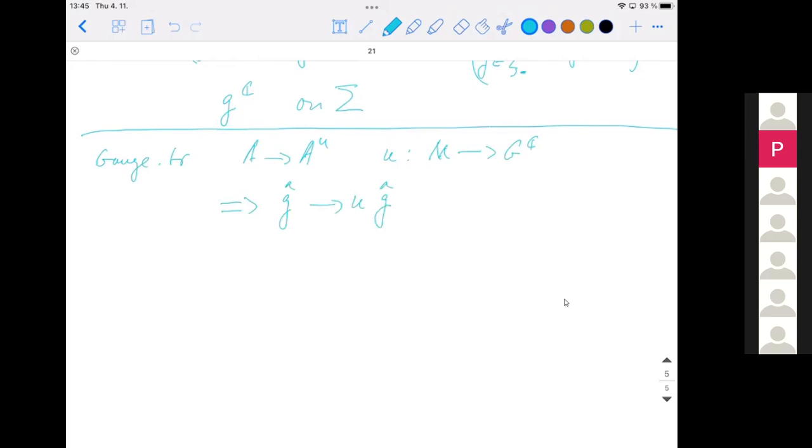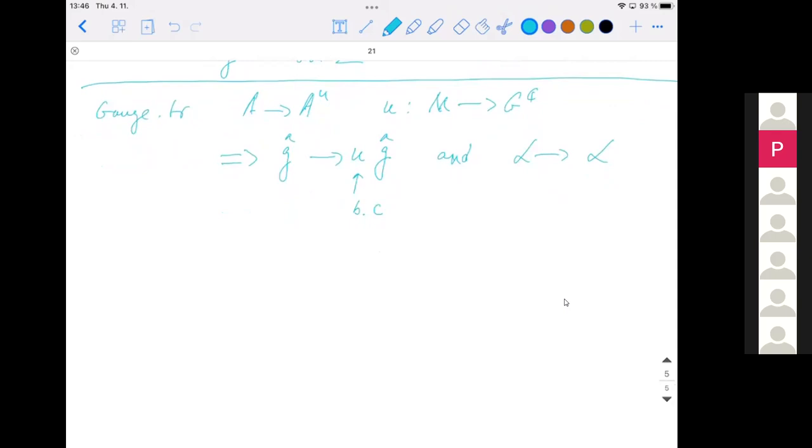You can just write some u in there. And under this transform, it's invariant. Okay. But this u should be compatible with the boundary conditions.